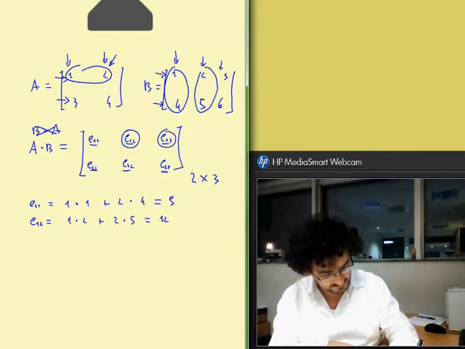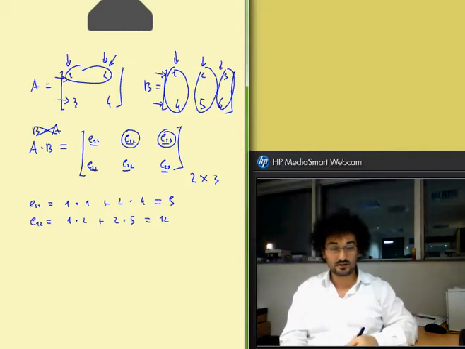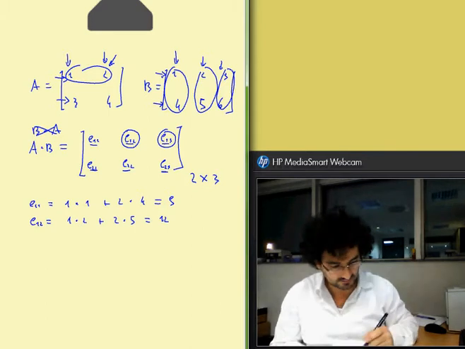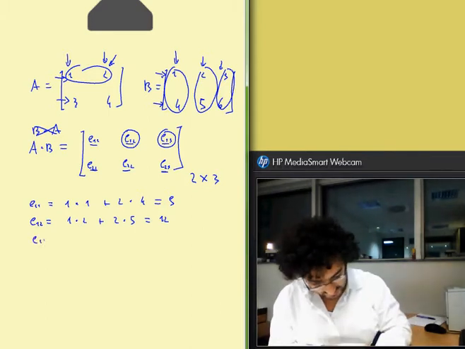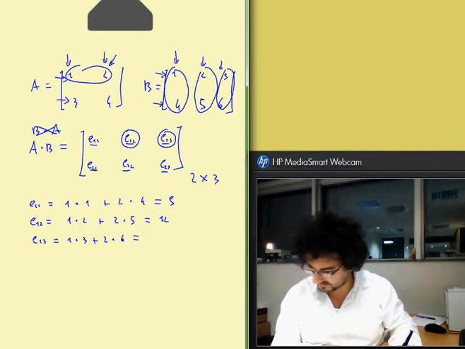Then we consider the element C13, so we need to take into consideration the first row in matrix A and the third column in matrix B. So the element C13 will be equal to 1 times 3 plus 2 times 6, so it will be equal to 15.